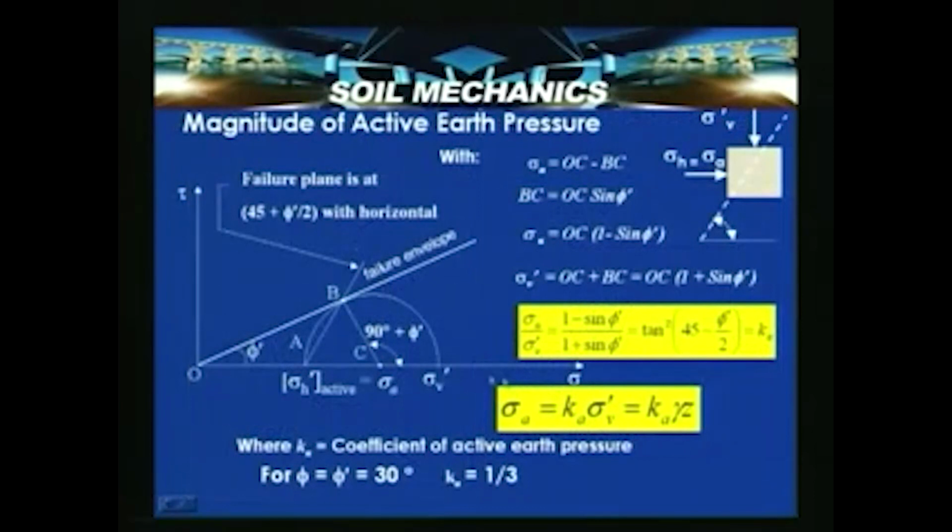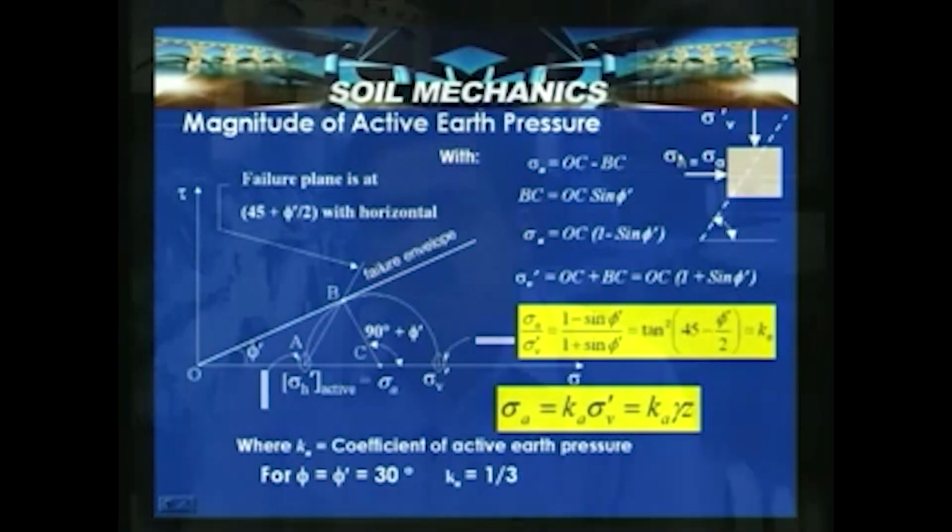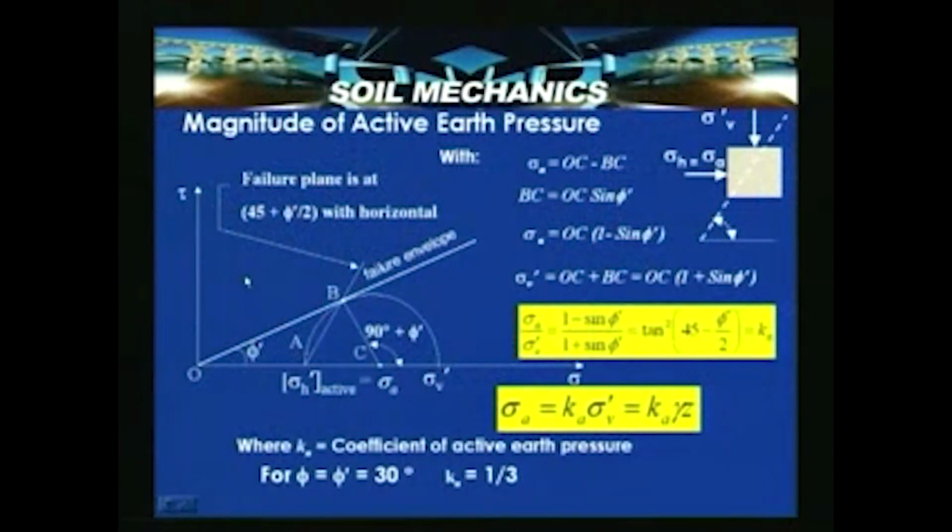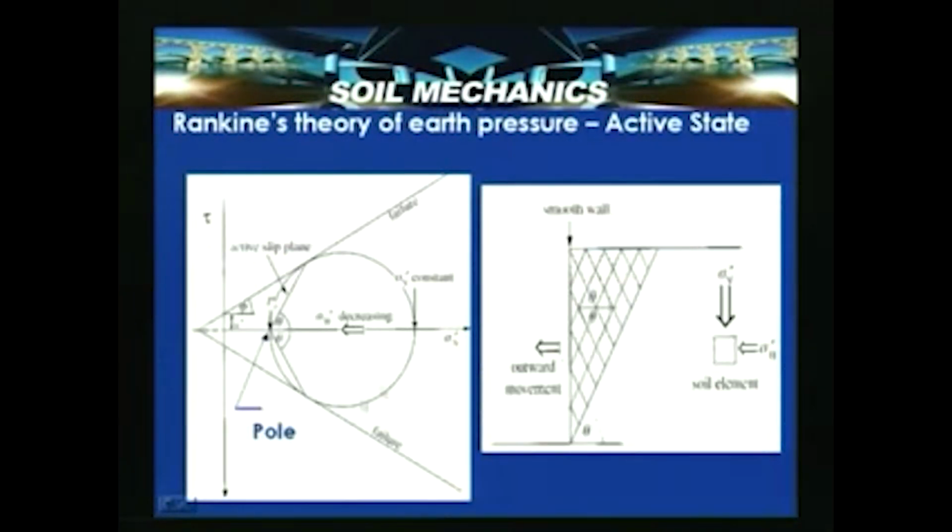Now, let us look into how to arrive at the magnitude of active earth pressure. We have introduced the concept of Rankine's active earth pressure when it attains the state of plastic equilibrium. Consider, like in the previous case, a Mohr circle in a tau sigma plot, a failure Mohr circle.